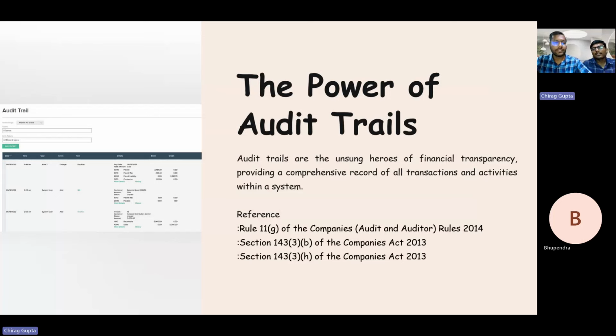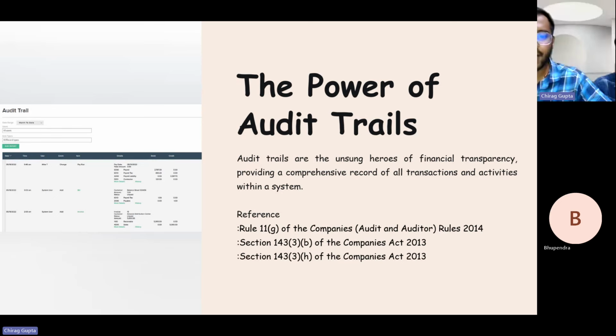So first, before going to the reports in which the auditor has reported on audit trail, let us discuss what audit trail is and how important it is. Audit trails are the unsung heroes of financial transparency because they provide a transparent picture of who has made an entry in the software and who is editing these entries.